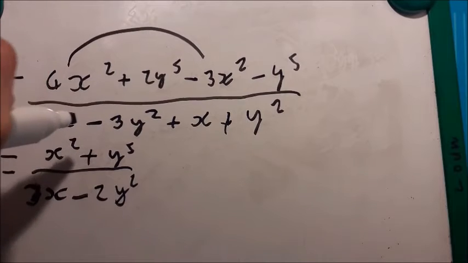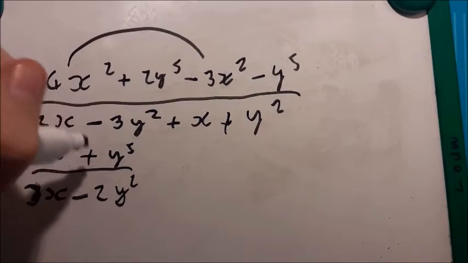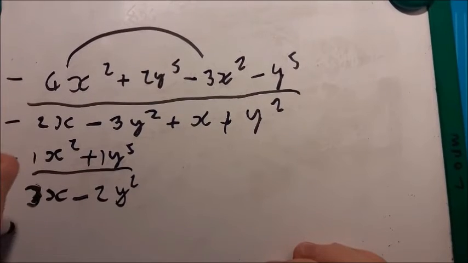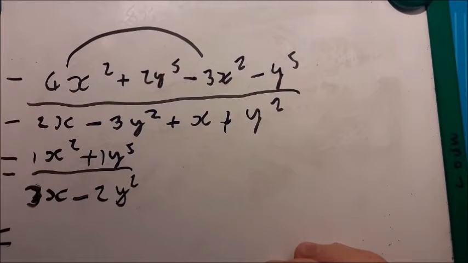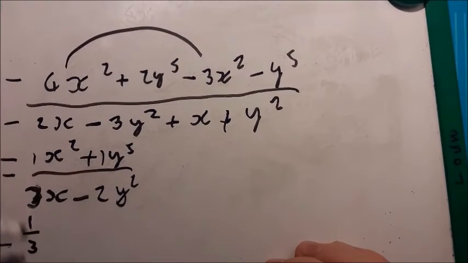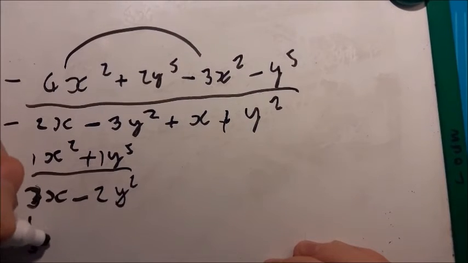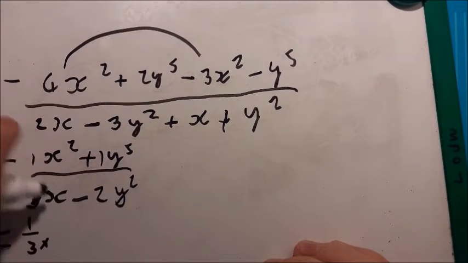Now because there are imaginary ones here, we can say that now we divide this. Obviously you can't divide that, so we just leave it in a fraction. So we have 1 over 3, so 1/3, times x.